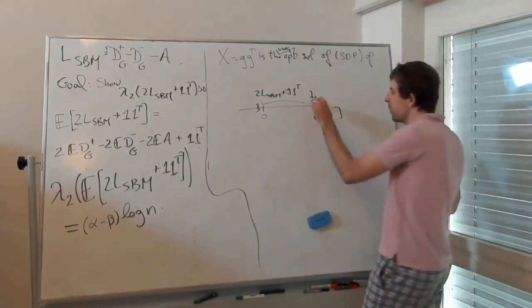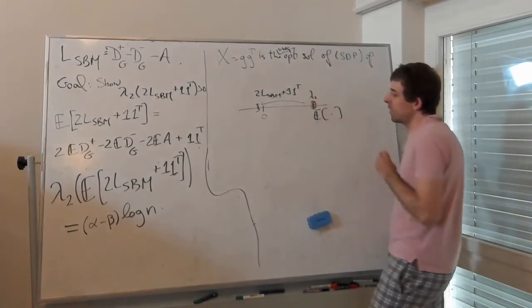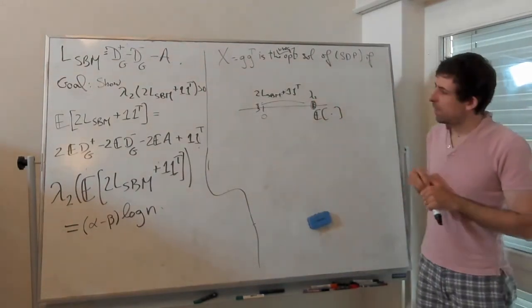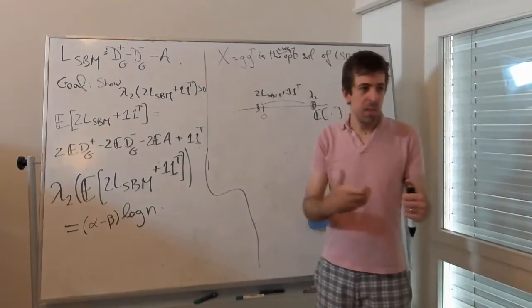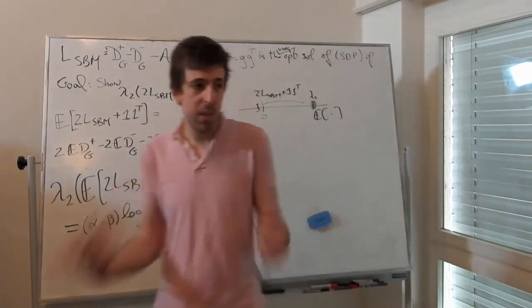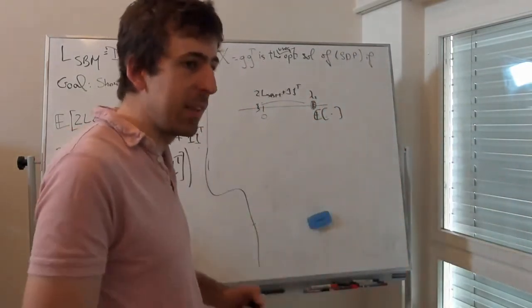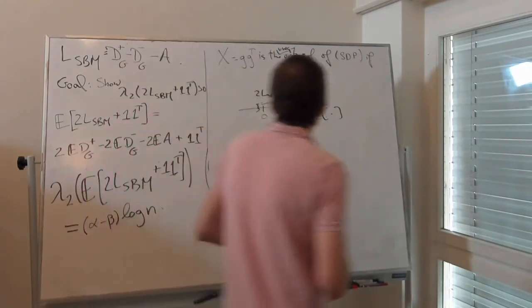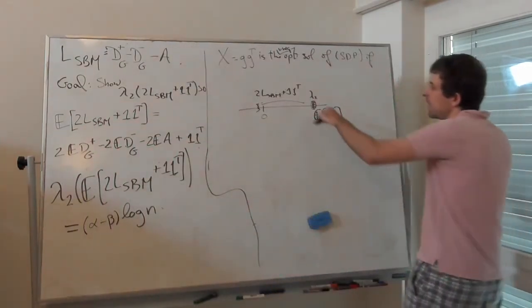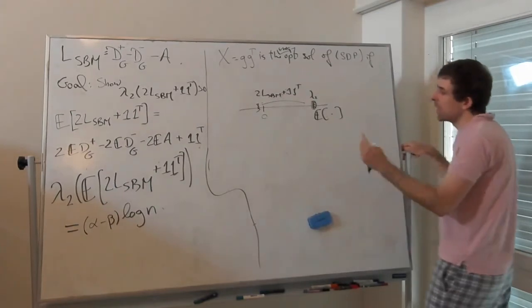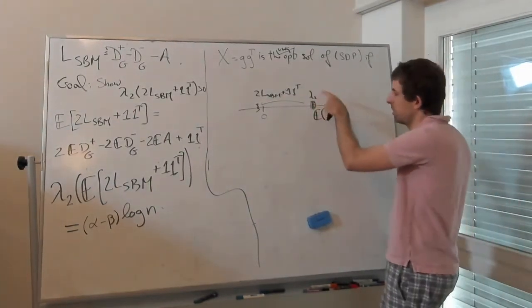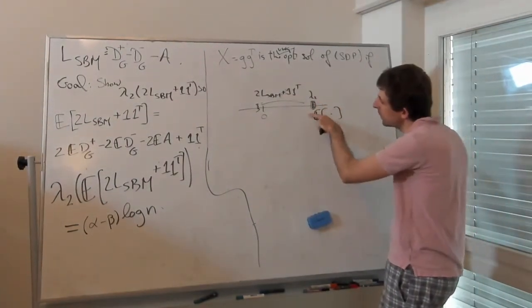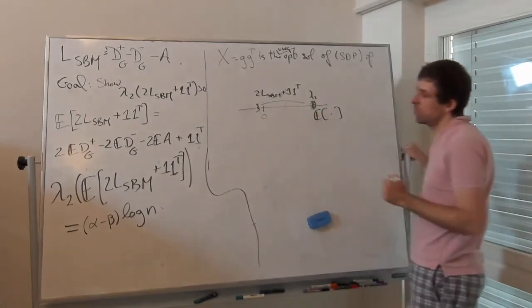But we know that the expected value of this matrix lies here. So a matrix is equal to its expectation plus itself minus its expectation, the deviations. All we need to show is that the deviations from expectation are not big enough to push the matrix such that in this direction it actually goes below 0.